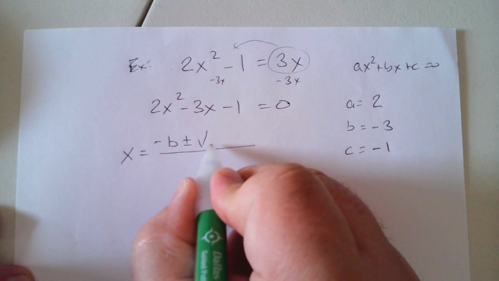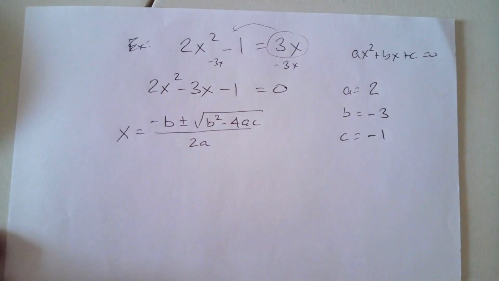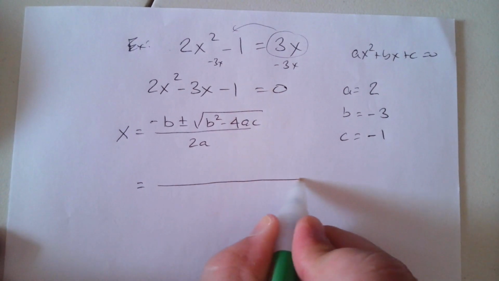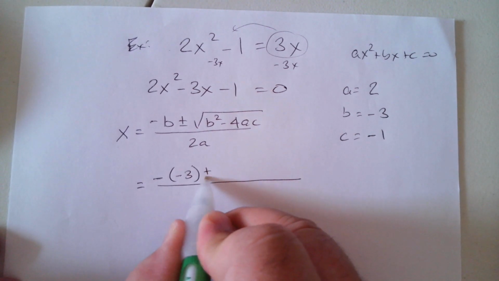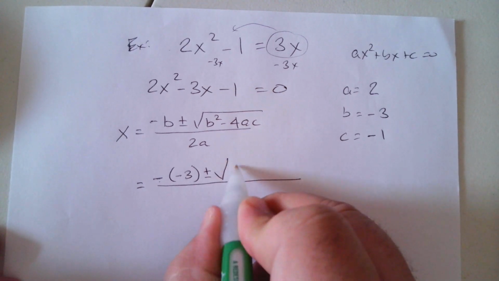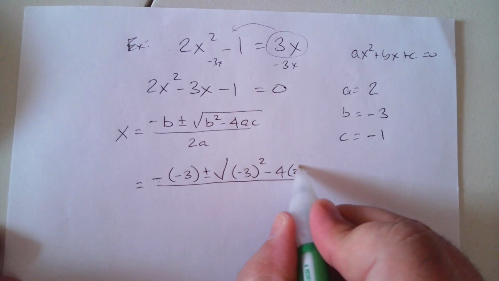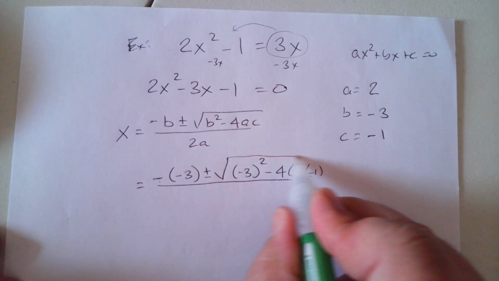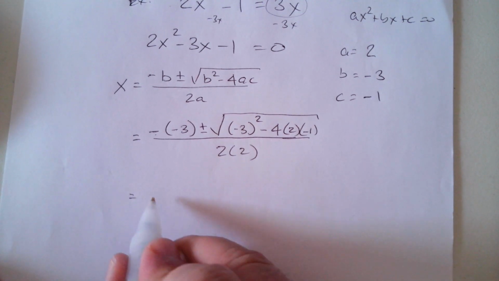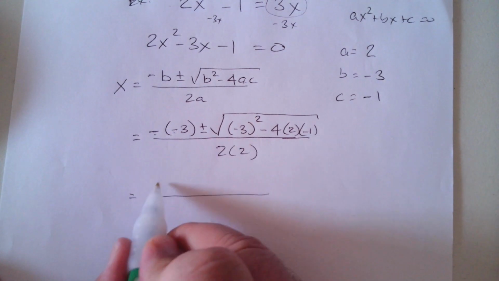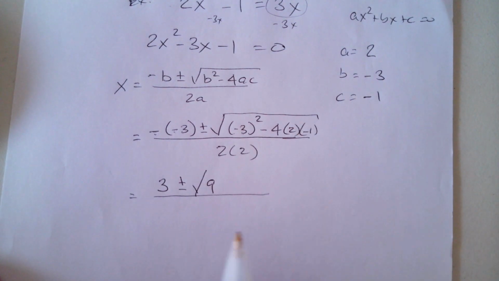Negative b plus or minus the square root of b squared minus 4ac over 2a. So b is negative 3, so it's negative of negative 3. Negative 3 squared. 4 times 2 times negative 1. 2 times 2. Negative of negative makes it a positive 3, plus or minus. Negative 3 squared is 9.